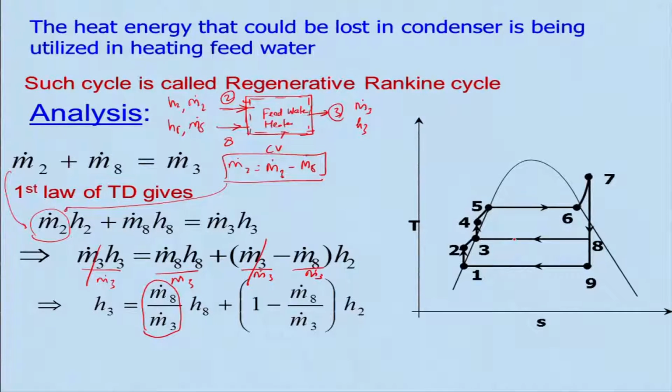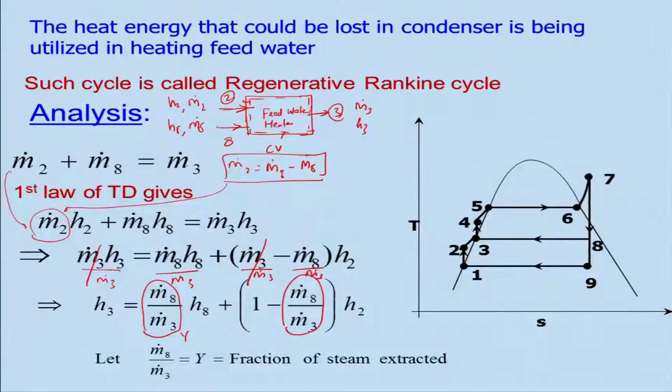We can call this the fraction of steam extracted, that is y, and the rest will be 1 minus y. So, this is the fraction of the total mass flow rate m dot 3 that is extracted, y, and the rest is 1 minus y.